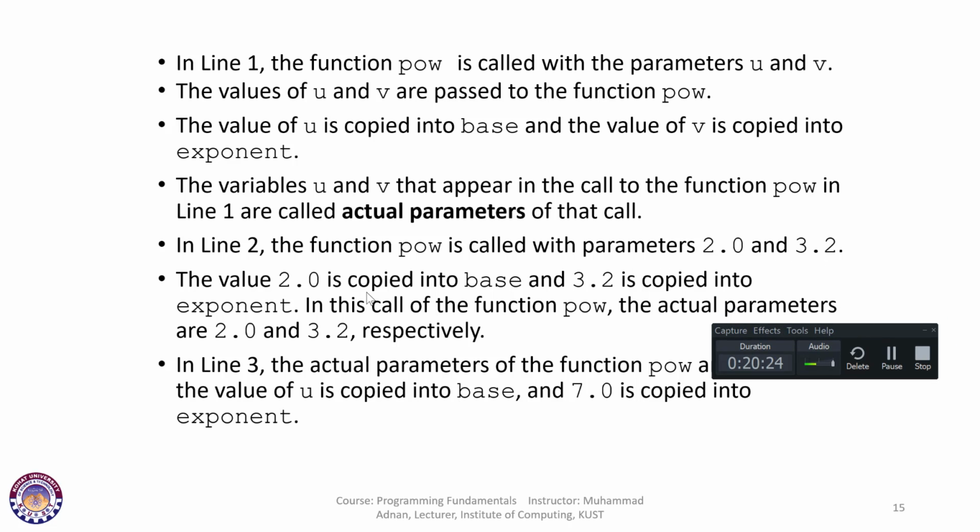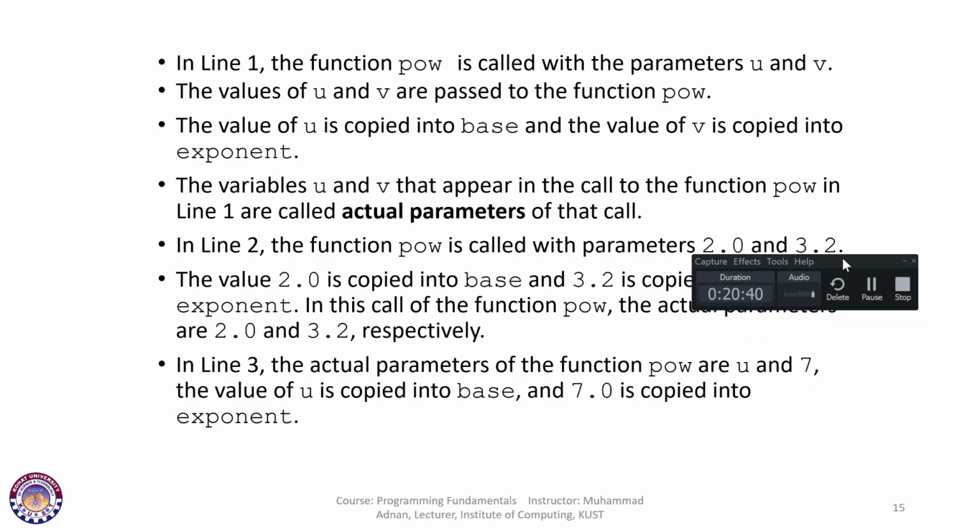The value 2.0 is copied into the base, whereas the value 3.2 is copied into the exponent. In this call of the function power, the actual parameters are 2.0 and 3.2 respectively. In line number 3, the actual parameters of the function power are u and 7. The value of u is copied to the base and 7 is copied into the exponent, just as I explained in the previous slide.